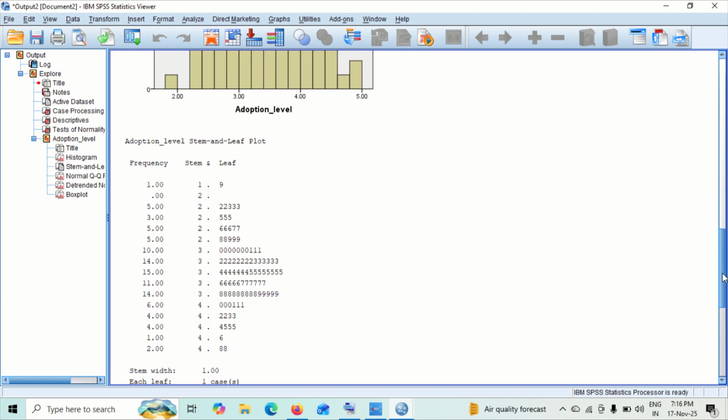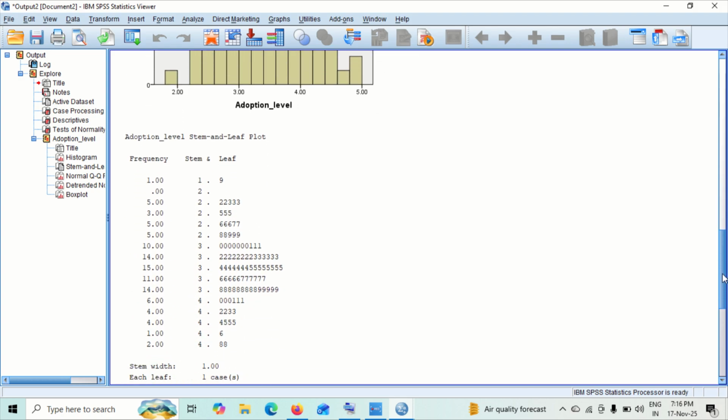And moving to the stem and leaf plot. The stem represents the tens digit of adoption level and the leaf represents the units digit. Each row shows a stem value with the corresponding leaf values. The frequency indicates how many observations are represented by the leaves for each stem.